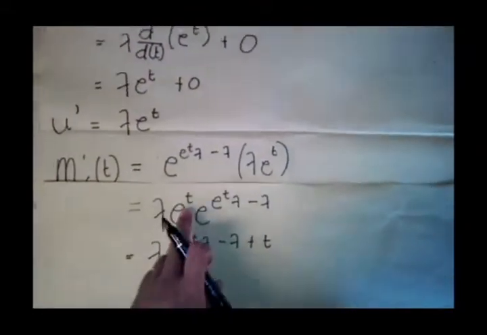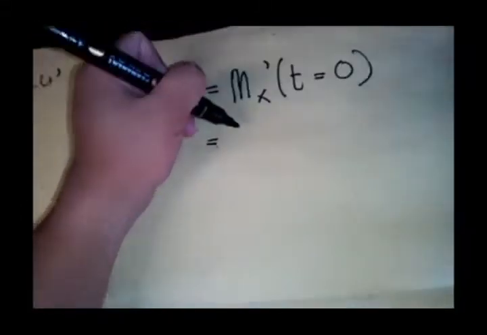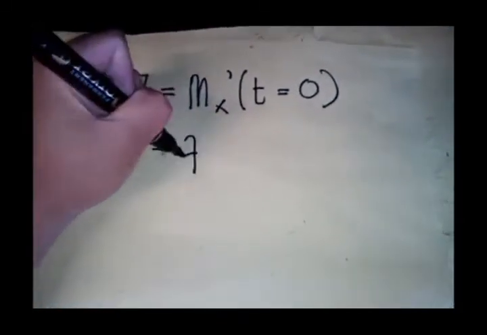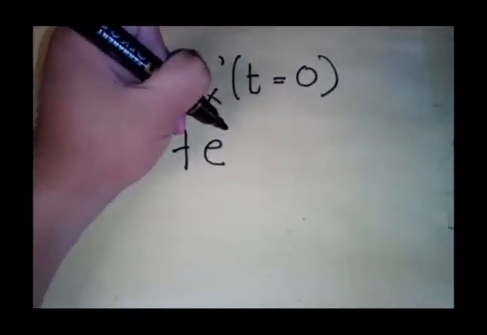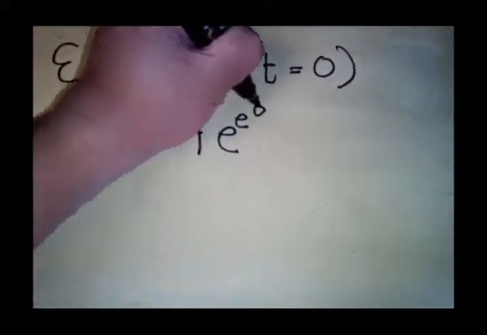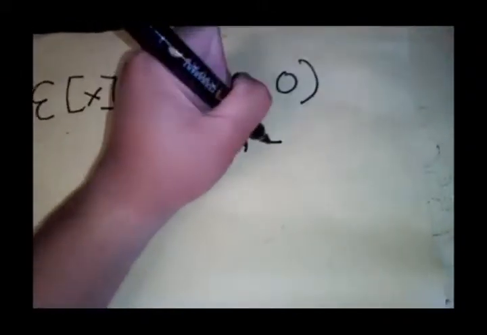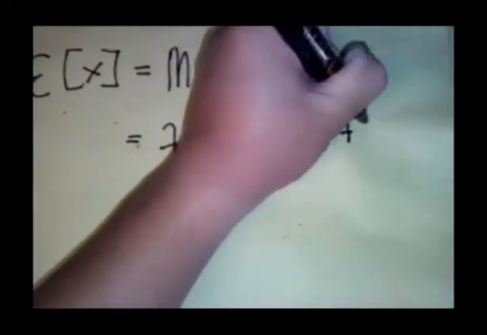In order to get the expected value, we have the expected value of x equal to the first derivative of the moment generating function where t is equal to 0. So we need to substitute t with 0. So we have lambda times e raised to the power of e^0 times lambda minus lambda plus 0.